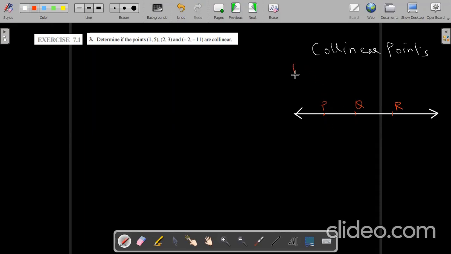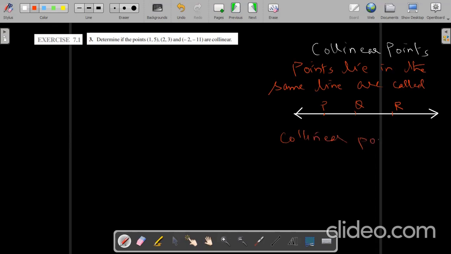The points that lie in the same line are called collinear points.